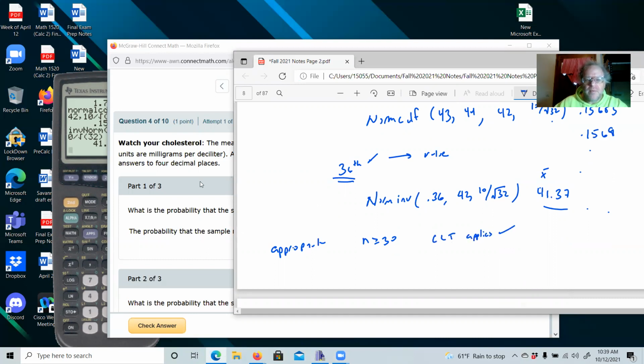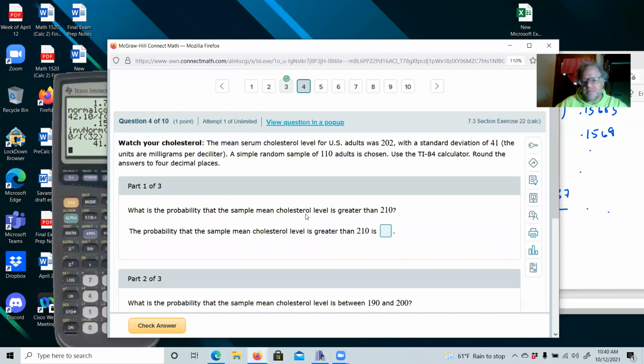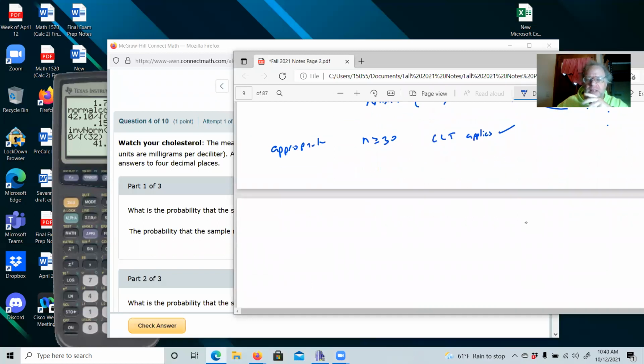Okay, and what do they want to know? They want to know the probability that the mean cholesterol is greater than 210. So understand what we're doing here. The average of everybody is 202, so we're taking this group and asking what's the probability that this group's mean is greater than 210?